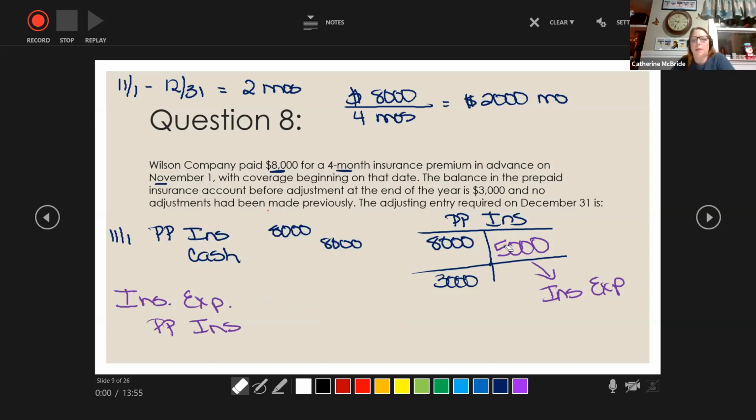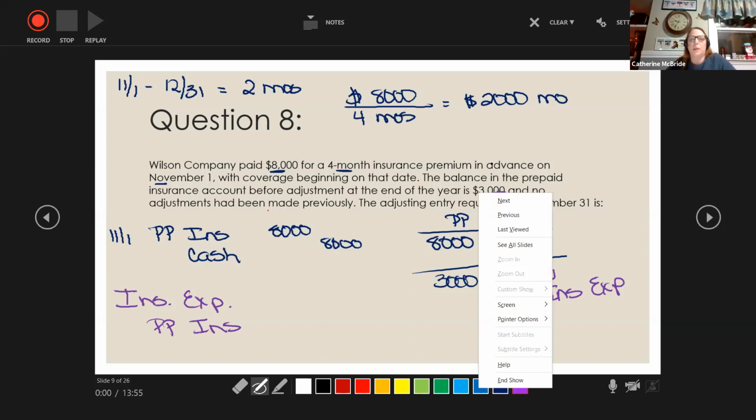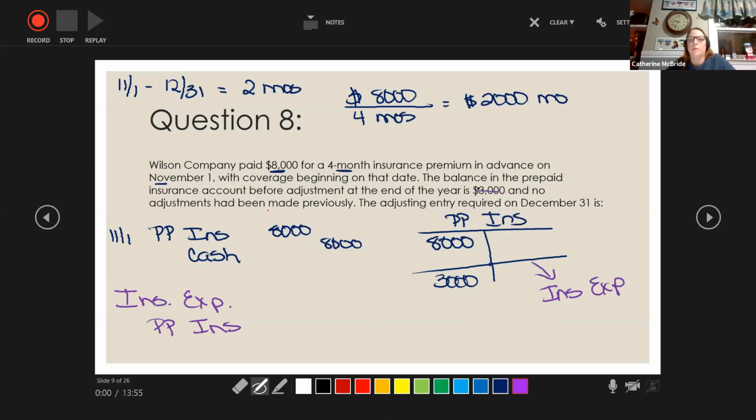I probably missed something; this shouldn't be there. $2,000 times 2 months is 4,000. So we'll do 4,000 and 4,000.